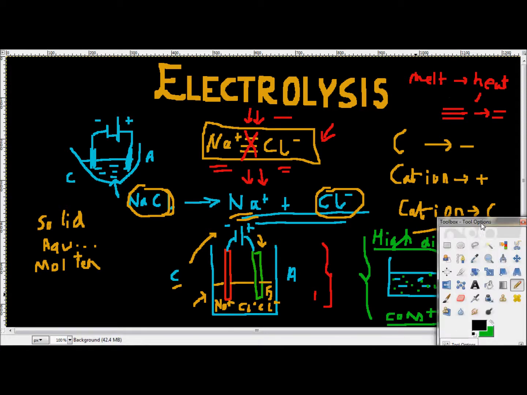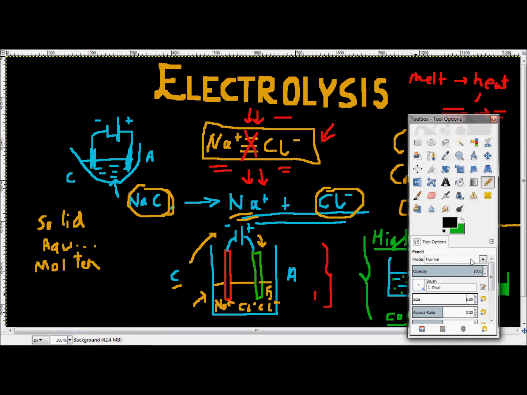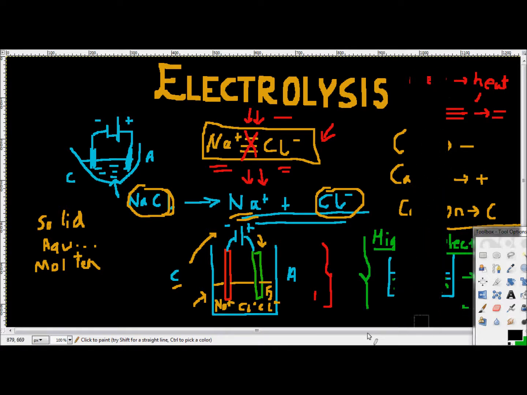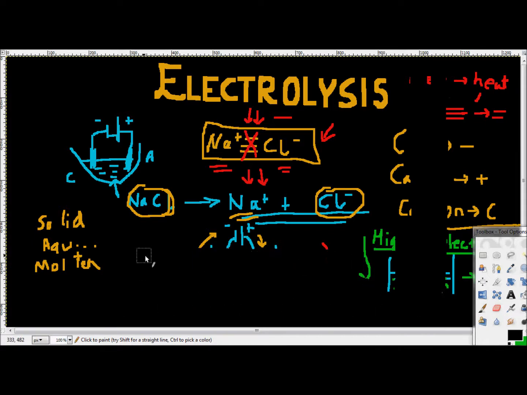So just to summarize all of this, I'm just gonna go over the whole mechanism of electrolysis right now. Just gonna erase this. So, two electrodes. Electrodes are those rods or plates, you could call them, that carry the current.